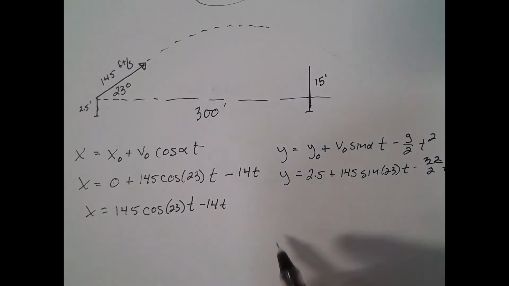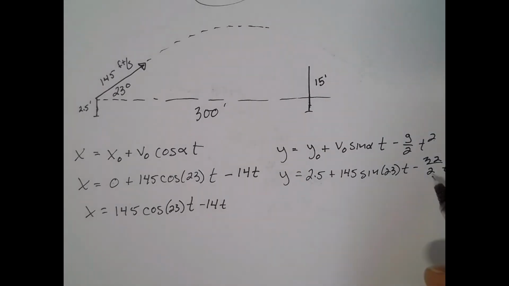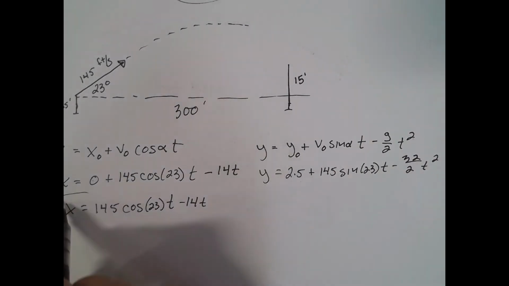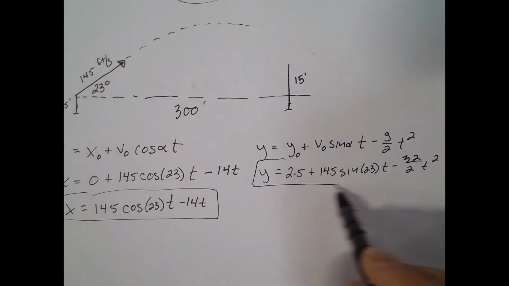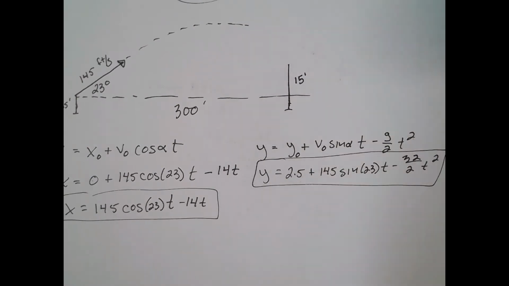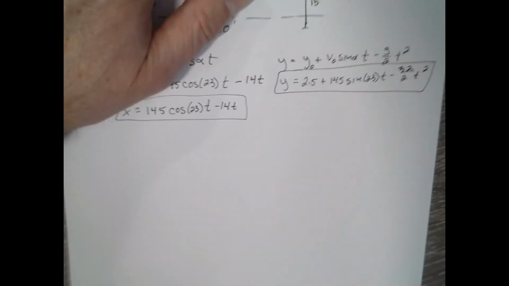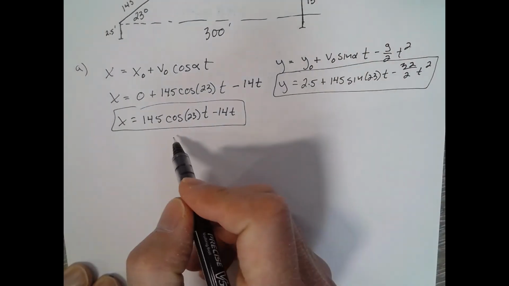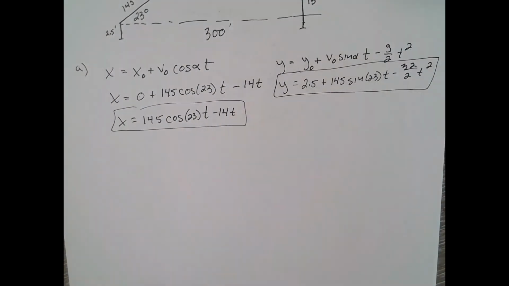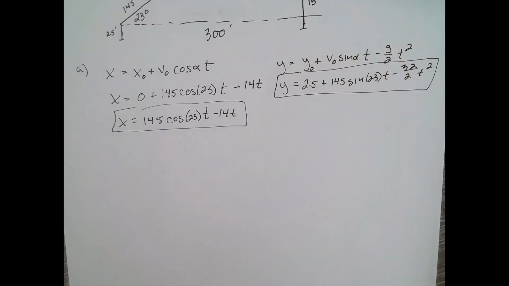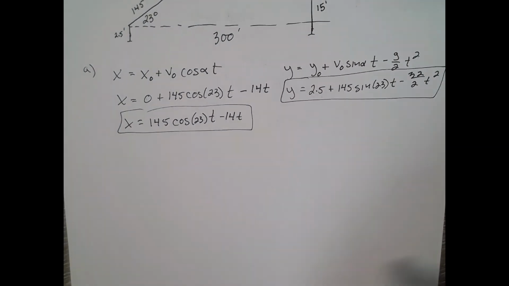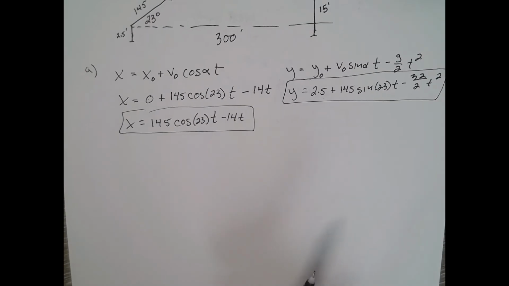Alright, so you can call that 16. So that's our X and Y in parametric form. If you wanted to write that in vector form, you could write it in component form or as a linear combination with i's and j's. Okay, so that I will call good with part A.